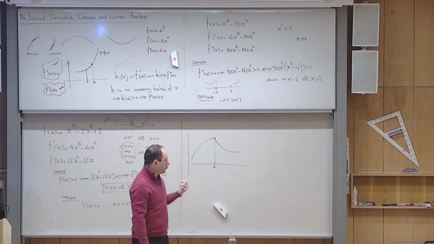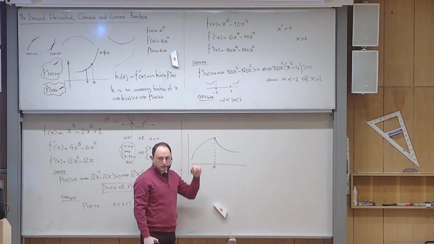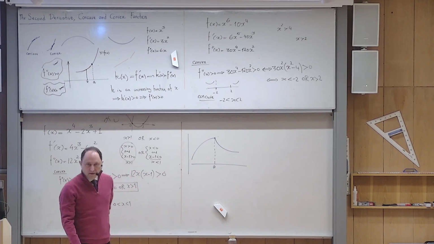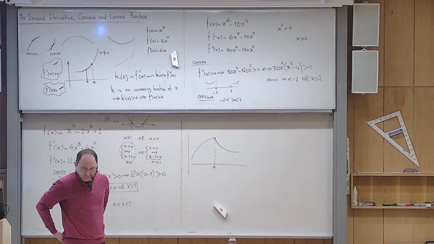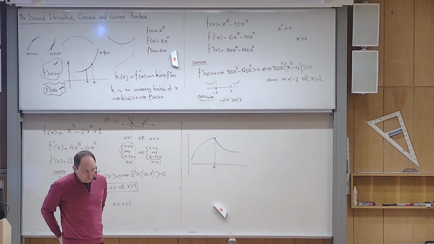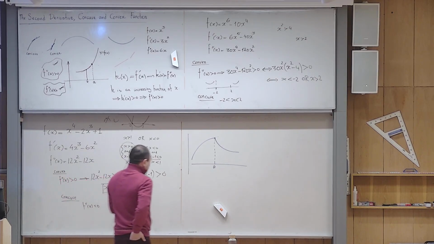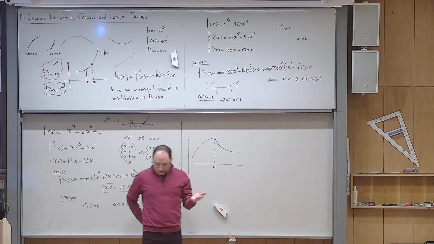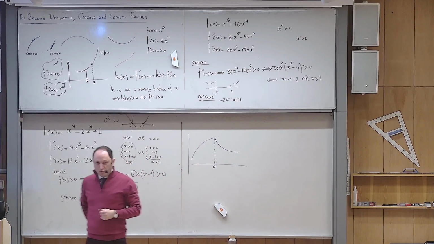But this we don't consider to be an inflection point, yes? Maybe that almost feels like a matter of definition, like if you want to consider this an inflection point. Yes, but that's what I'm saying, because the notion of inflection point makes sense if the tangent line changes smoothly.